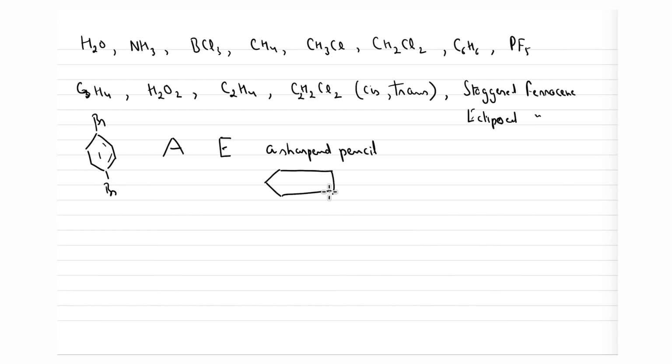I'm trying to give you different shapes just to see if you can actually find out the point group. So this is the side view, and then the top view will be something like this, right? The sharpened pencil. So try to find out the point groups of these molecules. This will give you enough practice by following this set of questions.